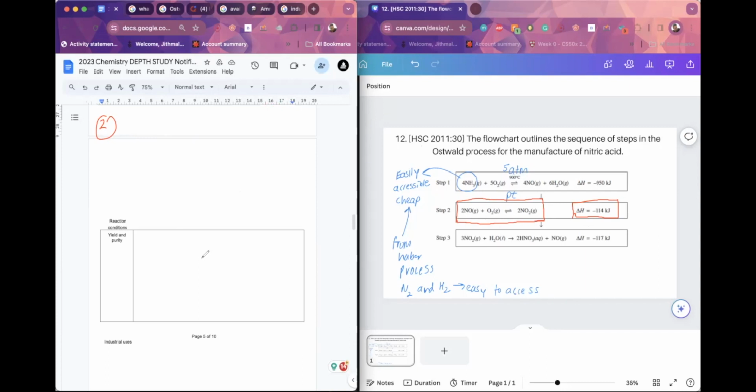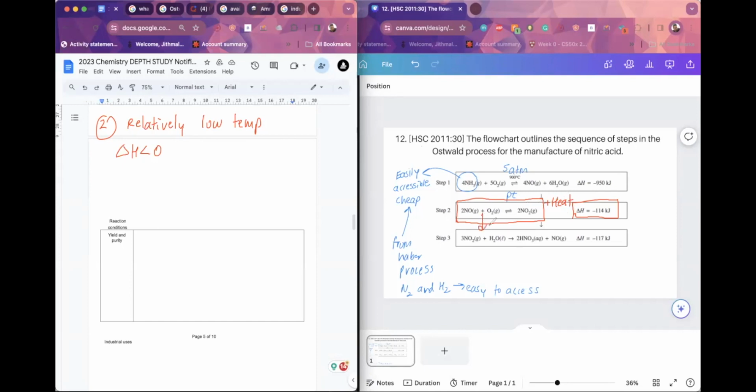Well, to maximize the yield in step 2, they would use a slightly lower temperature or a relatively low temperature, because delta H is negative because heat is a product.